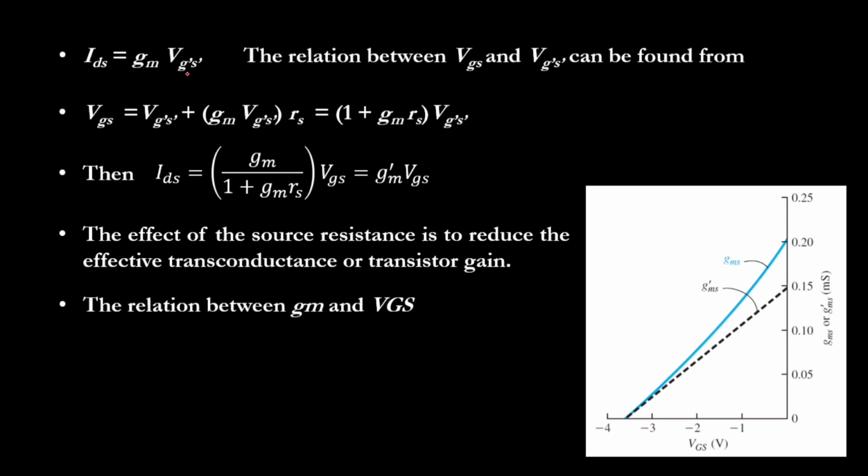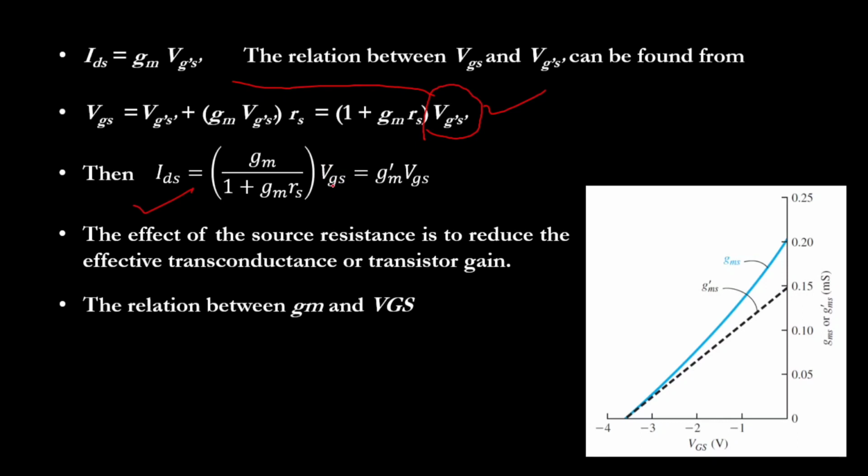The relationship between VGS and VG'S' can be found from this expression, which was already explained before. From this expression, I can write VGS, I can write VG'S', and I can substitute the same thing here. If I do that, my IDS is simply gm divided by 1 plus gm RS, into VGS.